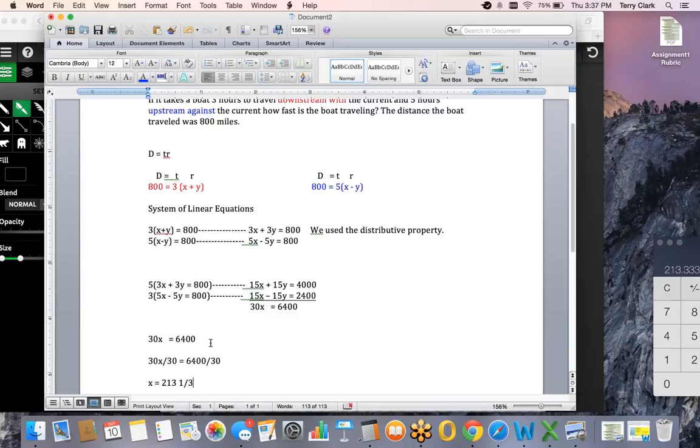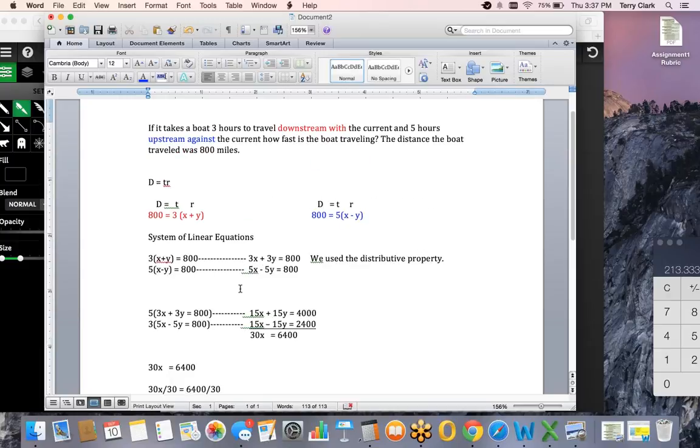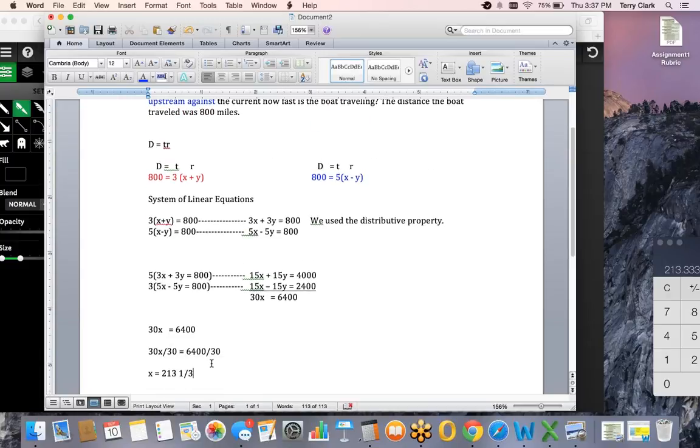And x is how fast the boat is traveling. So we're going to say that's 213 and 1/3 miles per hour. Or you could just say 213.333.